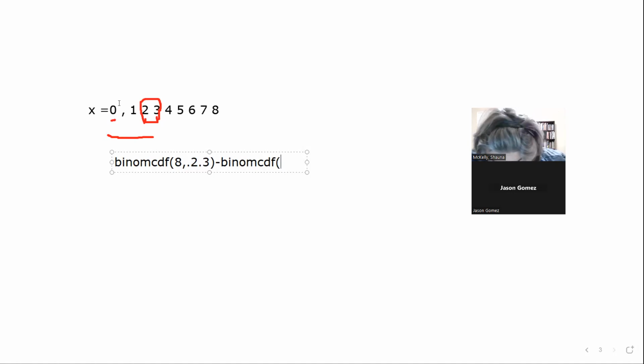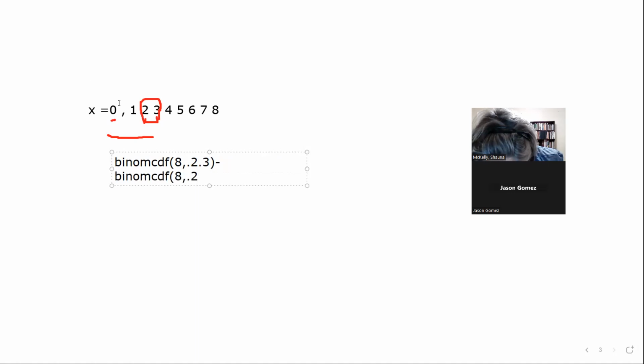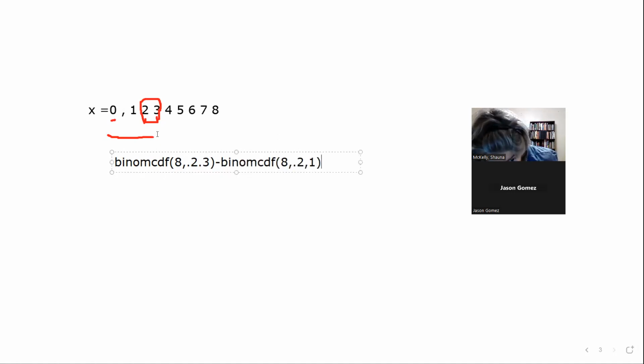So this is 8, this is 0.2, and I want you to subtract up to 1 from it, because I don't want those. I just want 2 and 3. So that's essentially what the calculator did: we went up to 3 and then we took off what we didn't want. But did it count 2?